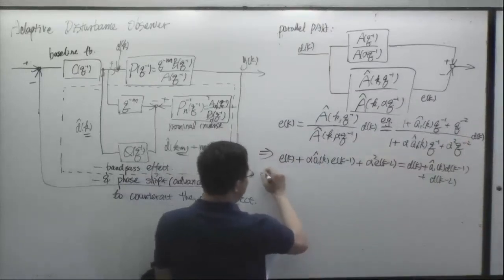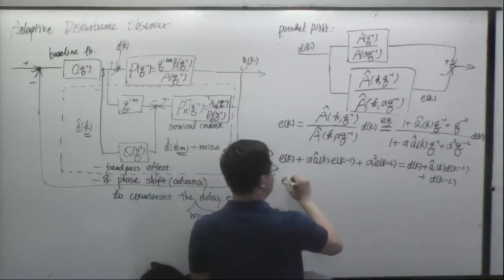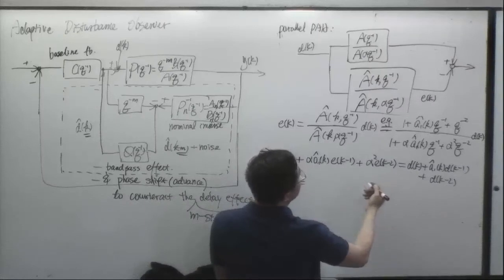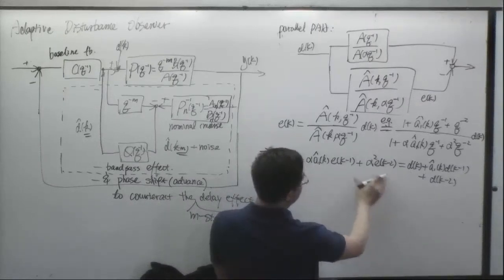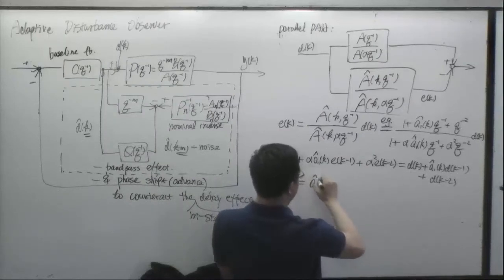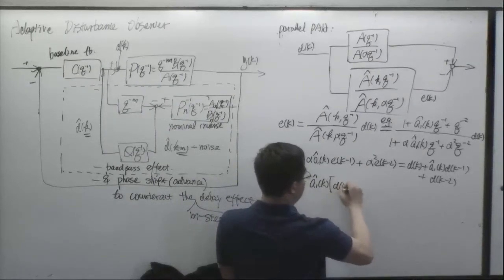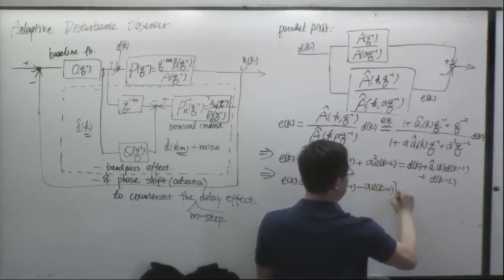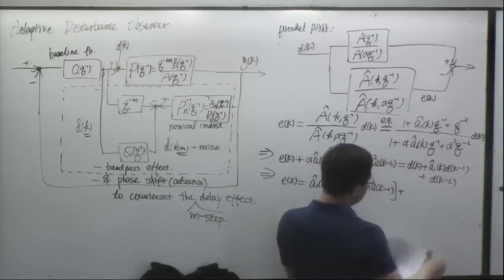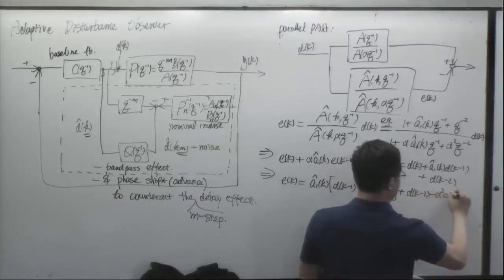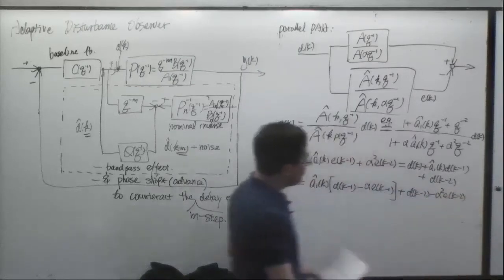So your regressor is actually different now. I'm going to combine this in one step this time: A1k, Dk minus 1 minus alpha Ek minus 1. All right.